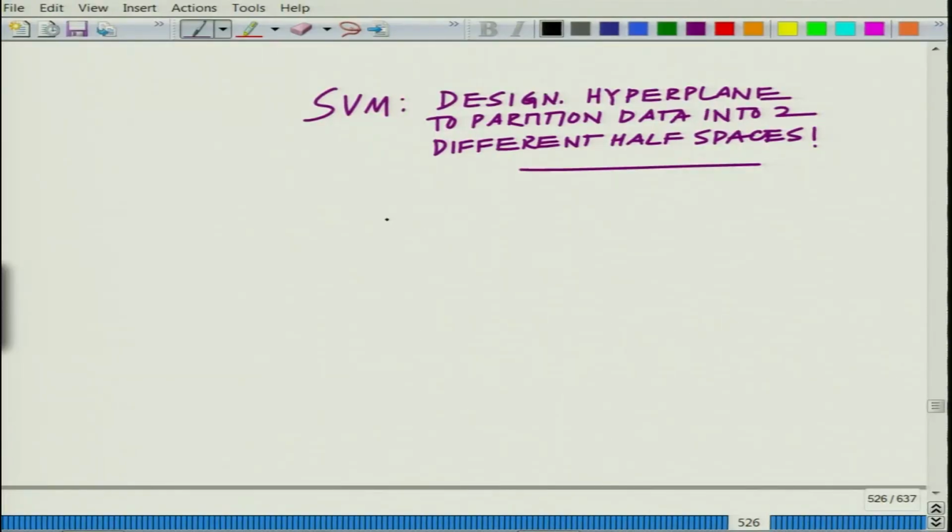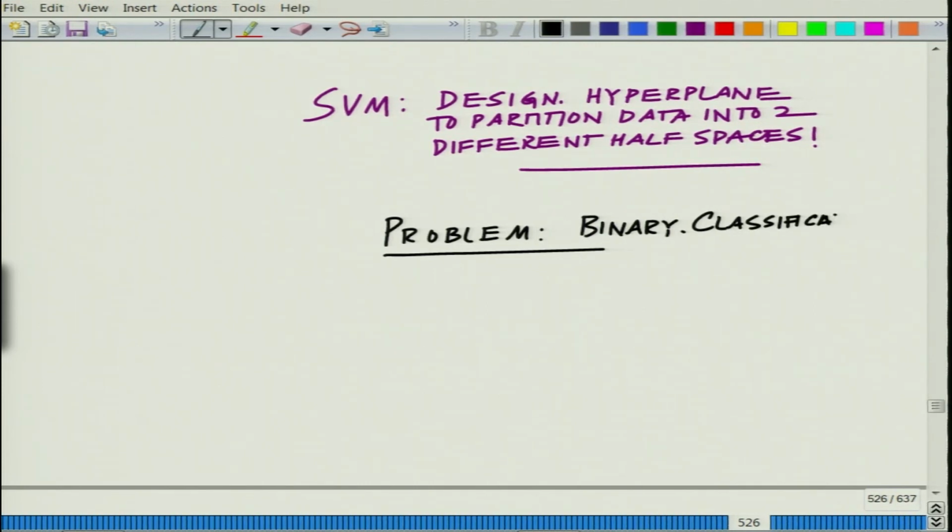Now, let us formulate the problem. What is the specific problem? How do we do this? The problem is binary classification.